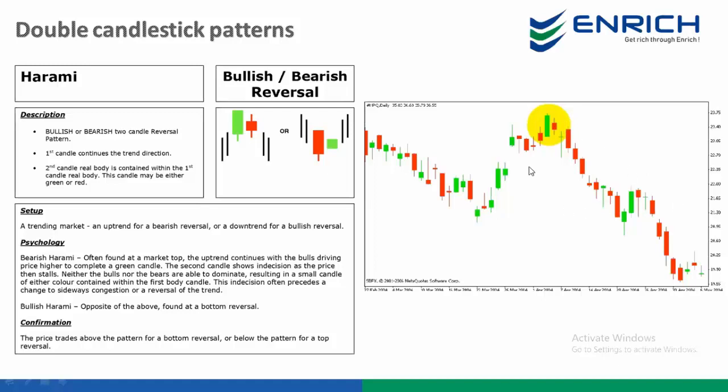So when I say this is a bearish Harami, what's happening on the right side of the chart? It's going down, correct? This is a bearish Harami because the body is small and contained within the bullish candle. Bearish Harami comes after an uptrend, and then you see a downtrend.